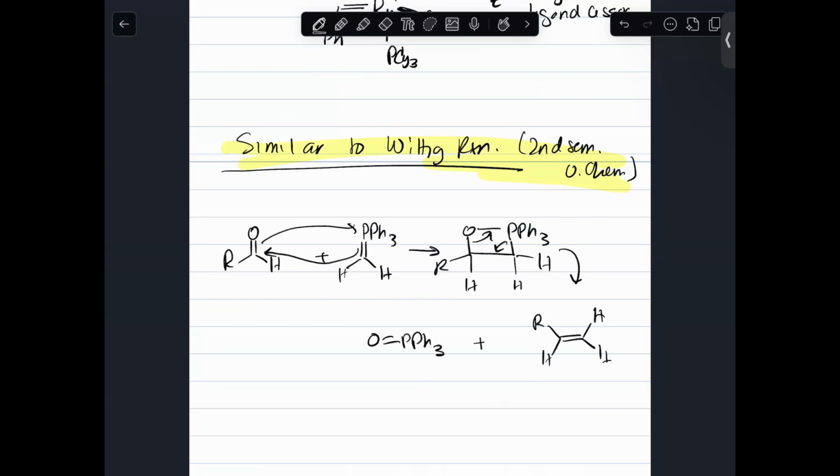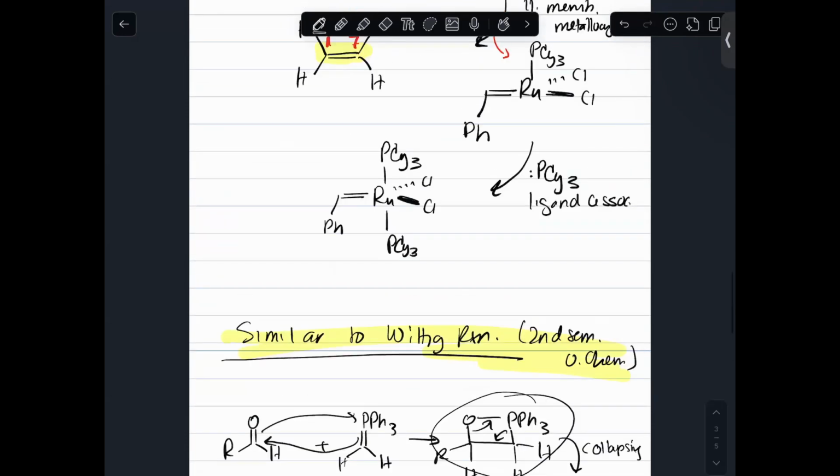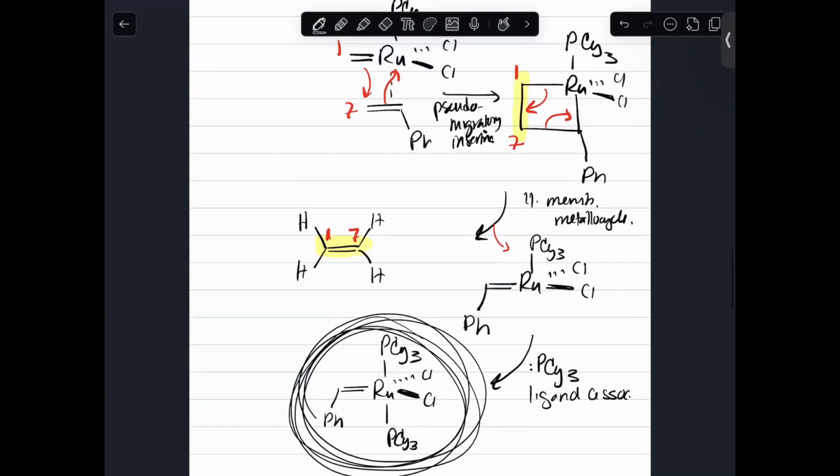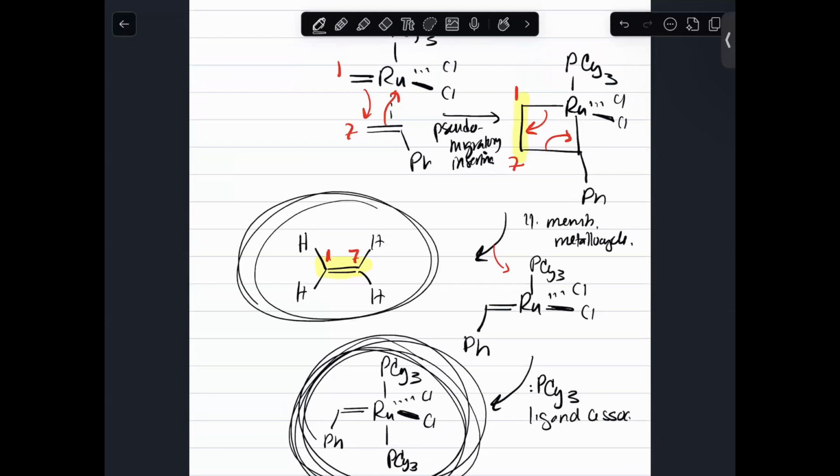The difference is that now we're changing the phosphorus to a metal. We're still going through the four-membered ring. It's still collapsing. But now we're using metal chemistry to do a lot of this work. Again, you must always regenerate the catalyst. Always. There's no ands or buts about that. So don't omit that. As you're regenerating the catalyst, you will always be forming your byproduct that comes along with the reaction.